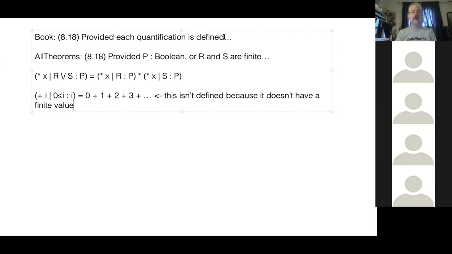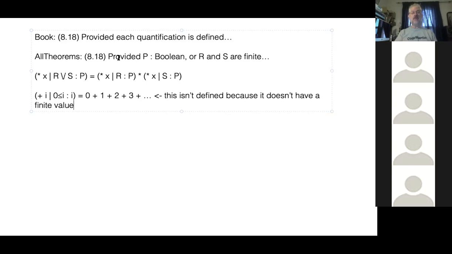that would mean. Now, Warford, the guy that wrote the all theorems thing, who's a faculty member who uses this book at another institution, very nice guy, met him once. Warford changed some things to try to make it a little more precise what this vague "each quantification is defined" thing means.